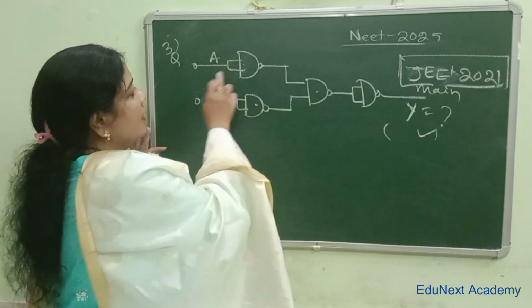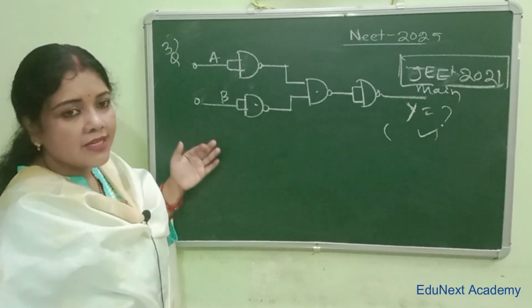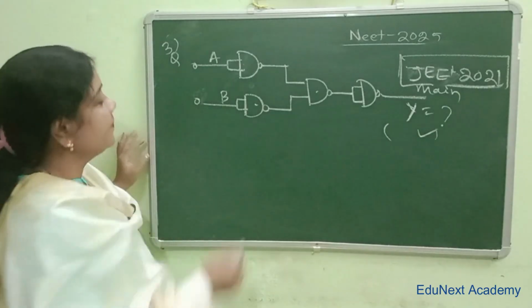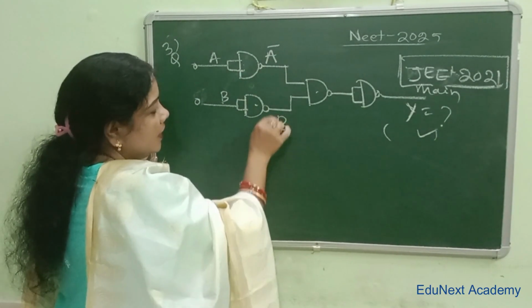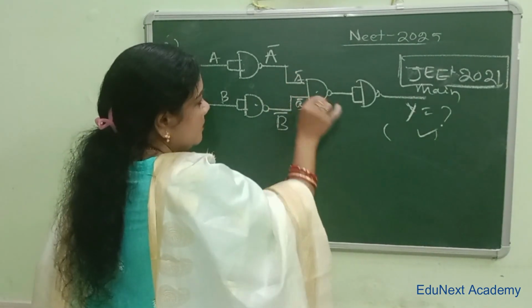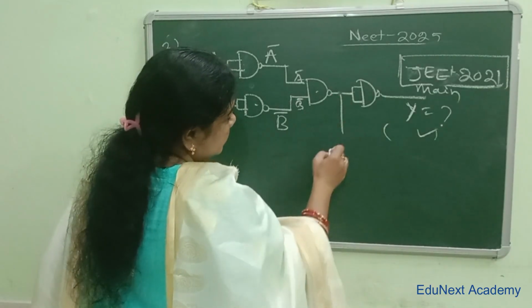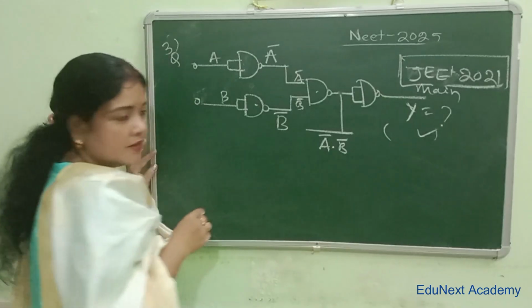Now see, a NAND gate is also a universal logic gate. It also acts as a NOT gate. That means you are going to get A complement and B complement. At this particular stage, you will get A complement dot B complement, complemented.